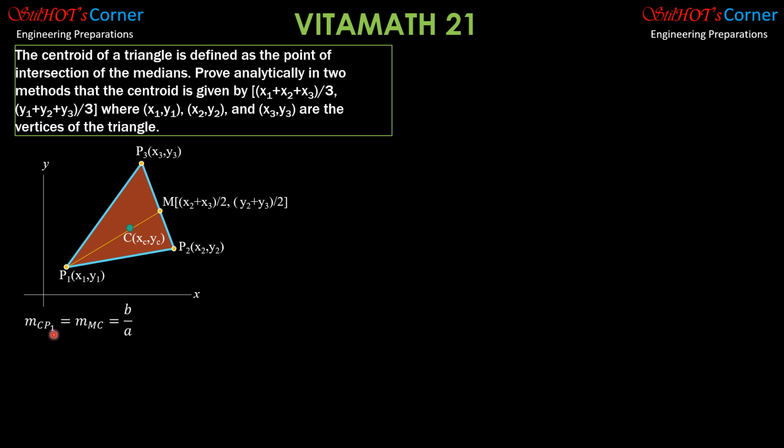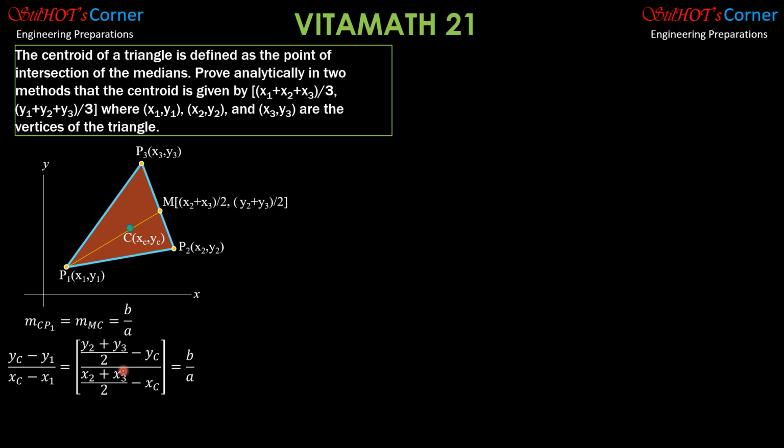So the slope of CP1 is simply (yc - y1)/(xc - x1), while the slope of MC is the quantity ((y2 + y3)/2 - yc) over the quantity ((x2 + x3)/2 - xc). So (yc - y1)/(xc - x1) equals ((y2 + y3)/2 - yc) all over ((x2 + x3)/2 - xc). And that slope is B over A.